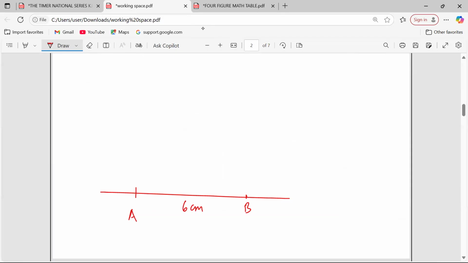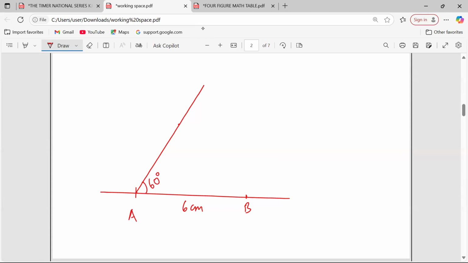This one can either be measured or constructed. You are free there. You've not been told not to use a protractor and a pair of compasses. So when I measure the angle like that, I produce the line. This is 60 degrees already measured.